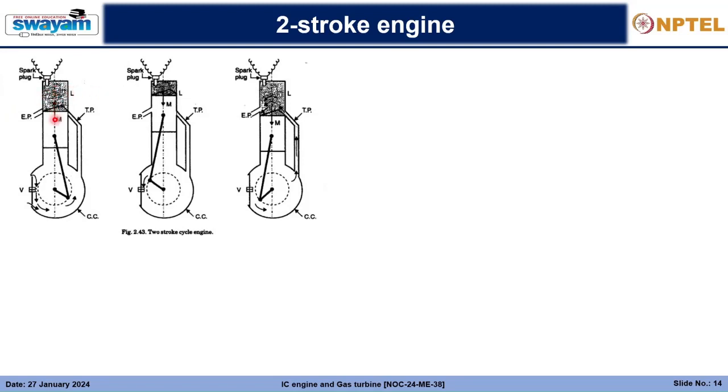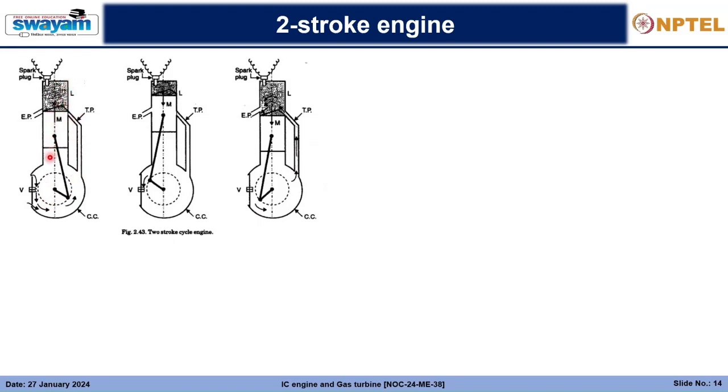When it moves down, the air inside this is now transferred to the transfer port. As it moves down, at some point this transfer port will be exposed to here. And as it is going down, it is pressurizing out here with the valve remaining closed. So it is creating a pressure out here, and this pressure is driving the air-fuel mixture into this zone through the transfer port.